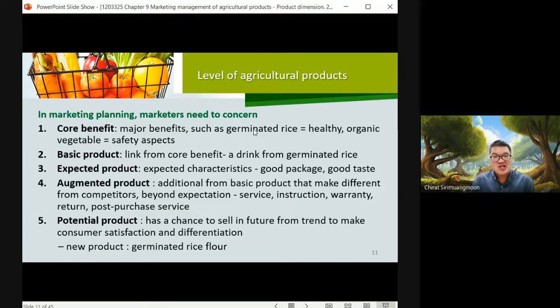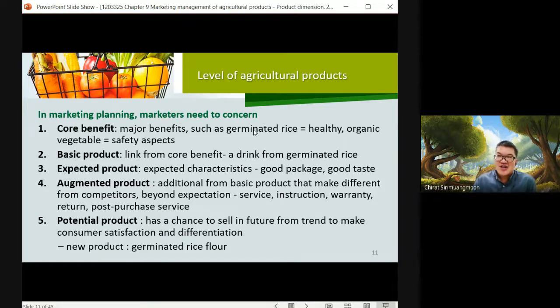So potential product is actually the product for the future, like germinated rice flour. Like I just mentioned, germinated rice is the rice that has more nutrients and is easy to digest, or easy to absorb. So it will be famous in the future. So this is potential product.